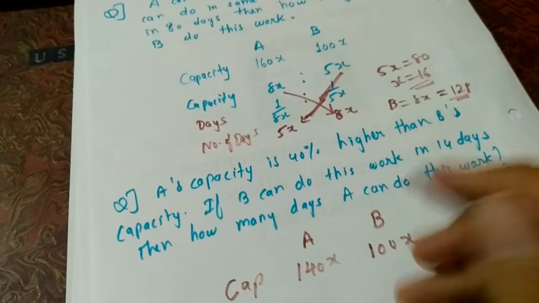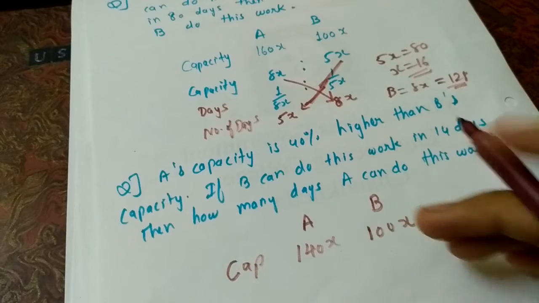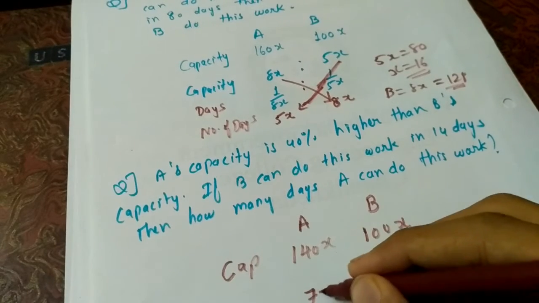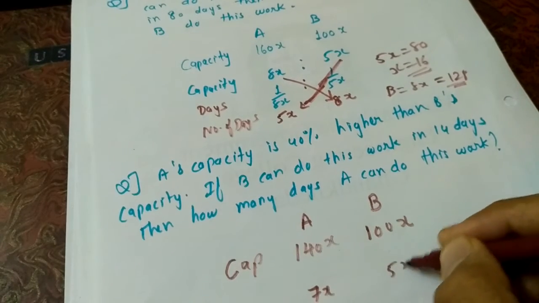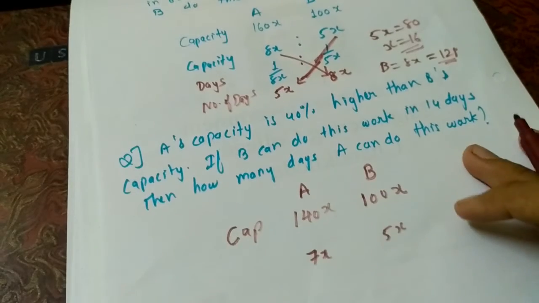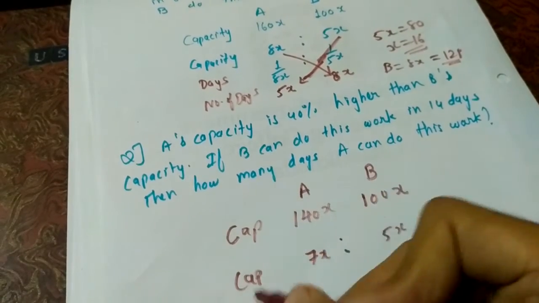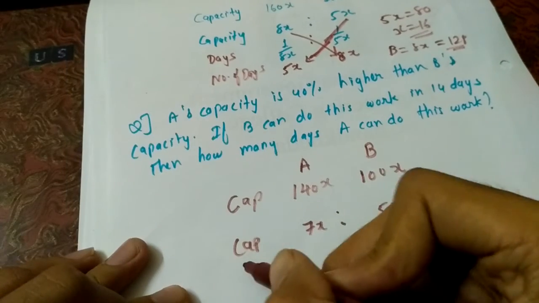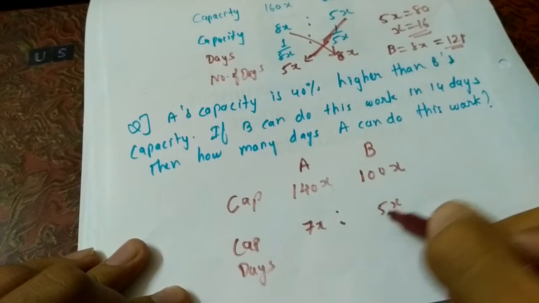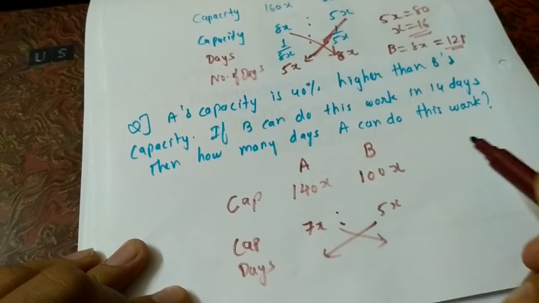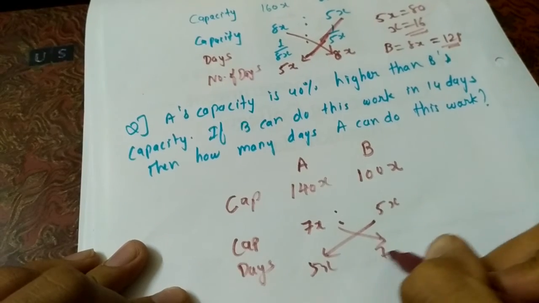So similarly, we can arrive at 7x and 5x. This is capacity, again capacity only, and it is in proportion. So now we will directly arrive at the number of days. What we have to do is invert these two things. So this is 5x, this is 7x.